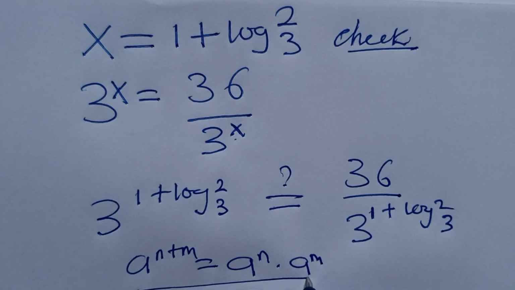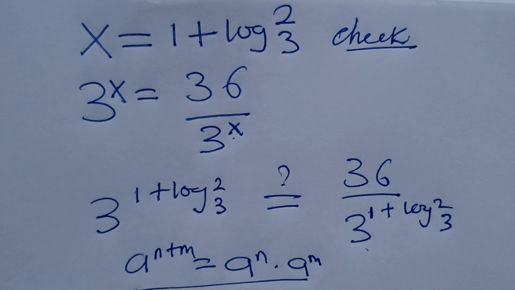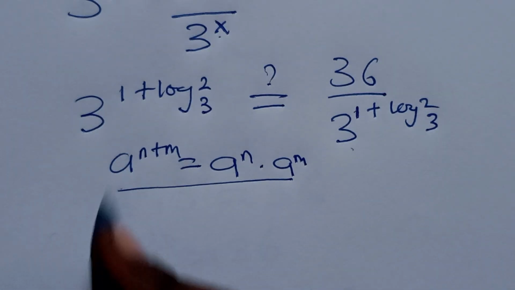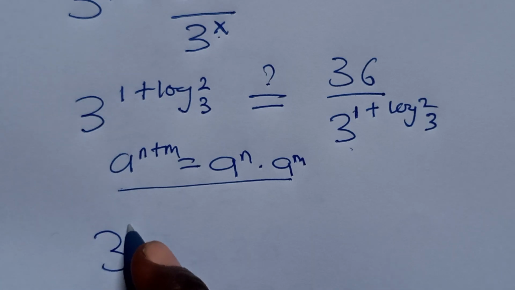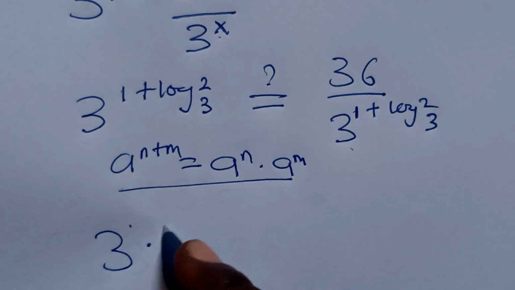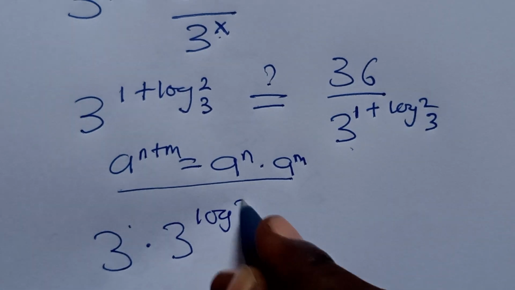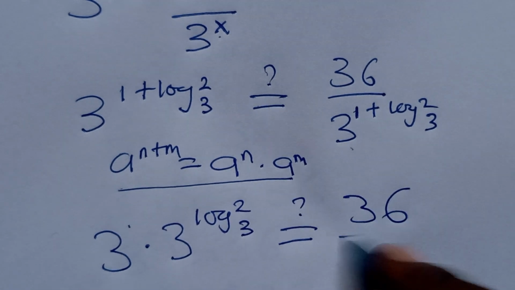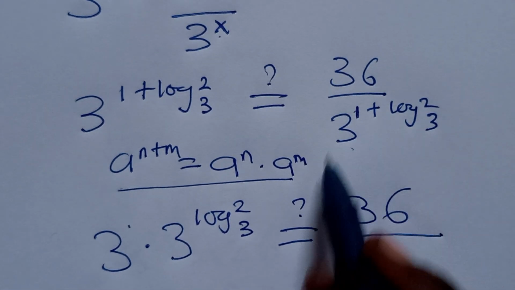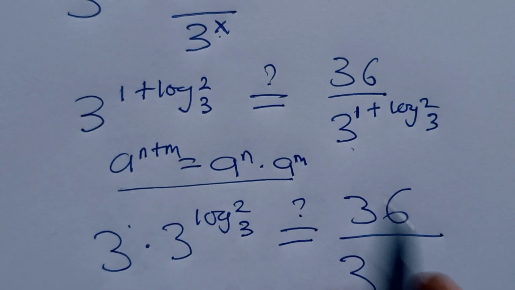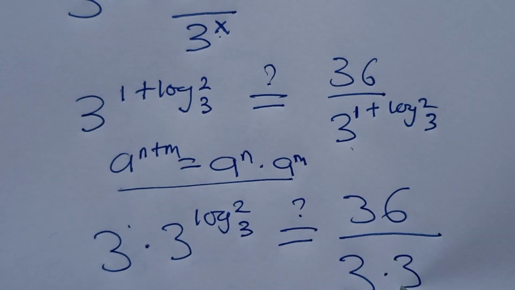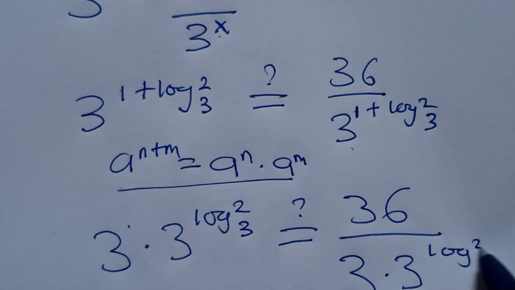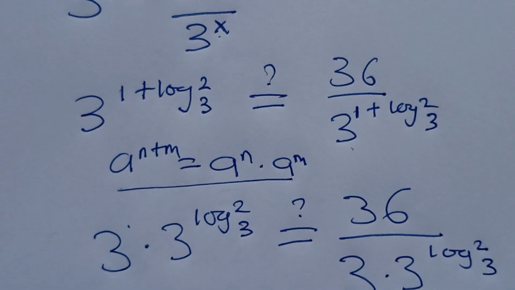Applying this law of indices both here and here, we will have 3 to the power of 1, which is 3, times 3 to the power of log 2 base 3. Will that be equal to 36 divided by 3 times 3 to the power of log 2 base 3?